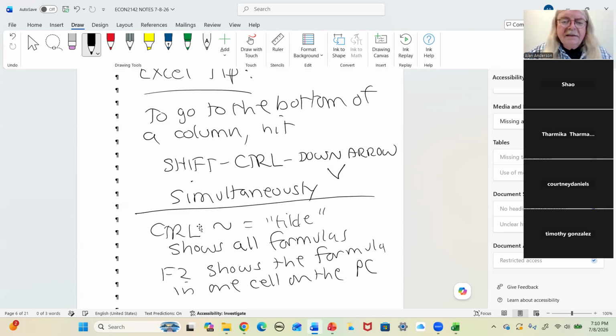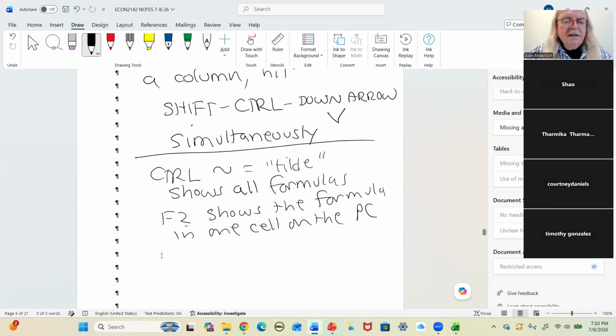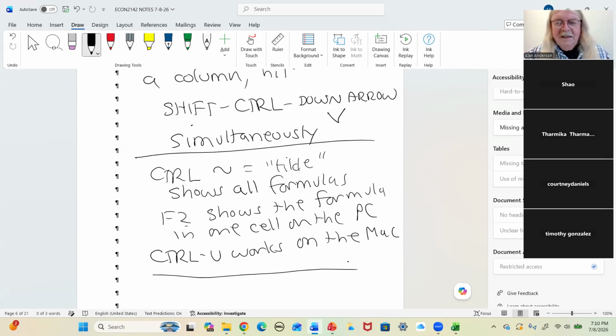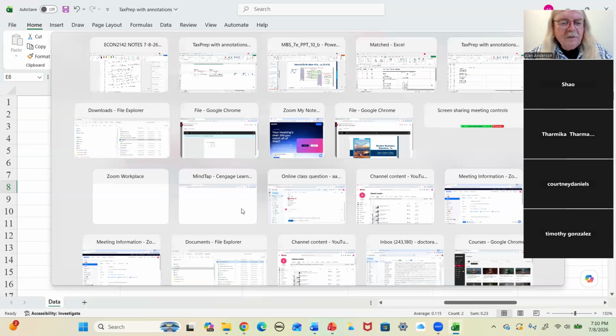I think Control U works on the Mac, but this is secondhand information. You'll have to confirm that. So let's get this back where it belongs.